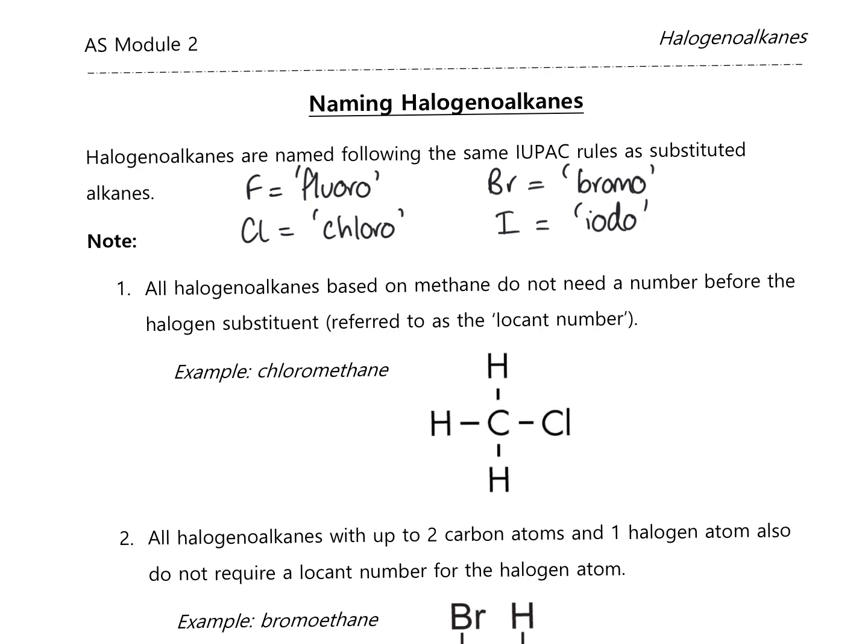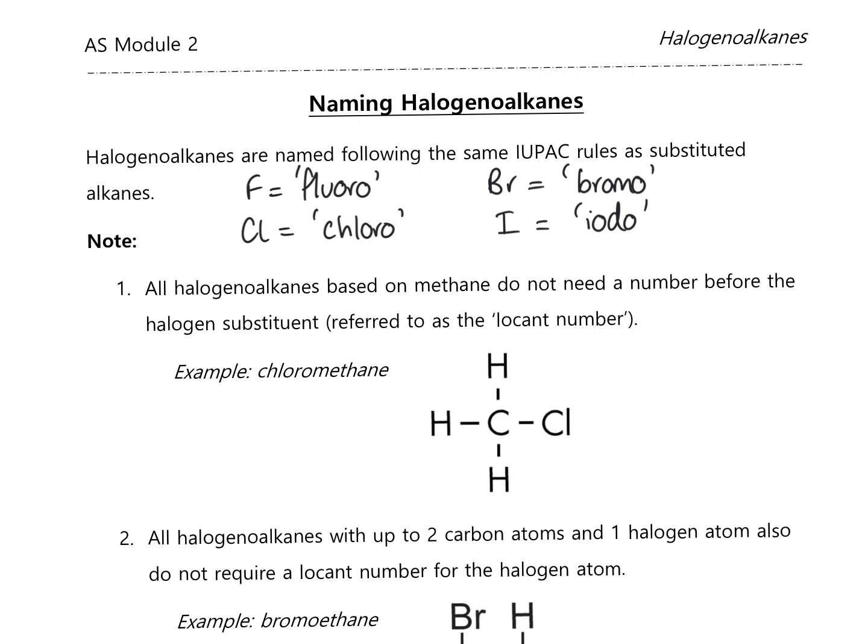So essentially it's the name of the halogen shortened down a little bit and ends in O for all of them. So an F atom substituent, a fluorine atom substituent, would be called fluoro, so like fluoromethane. A Cl substituent would be a chloro. Br is bromo and I is iodo.